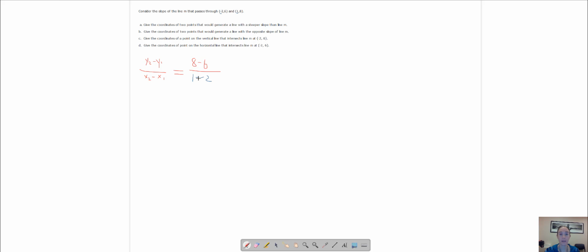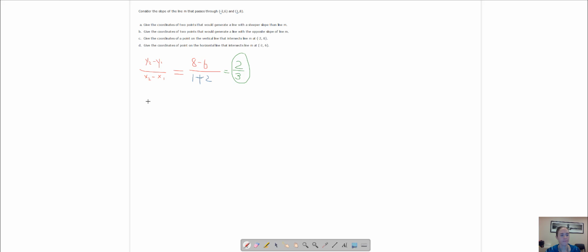And if you do minus the negative, that means it changes to a plus. So for my slope for this line, I have 8 minus 6 on top, so that's 2, and then 1 plus 2 on the bottom, so that's 3. So that's my slope to start off with.